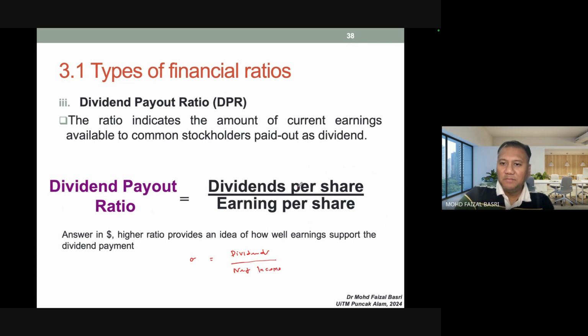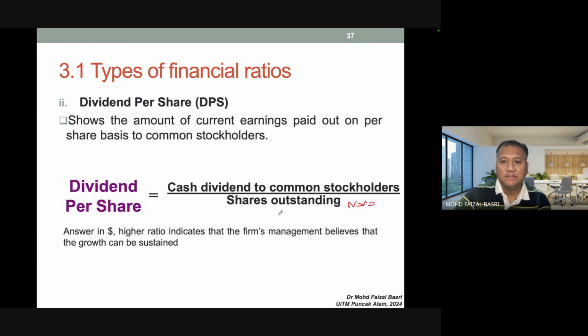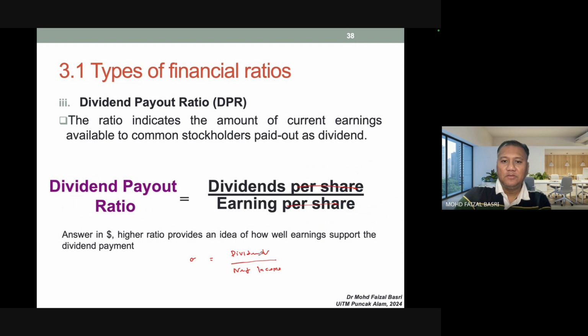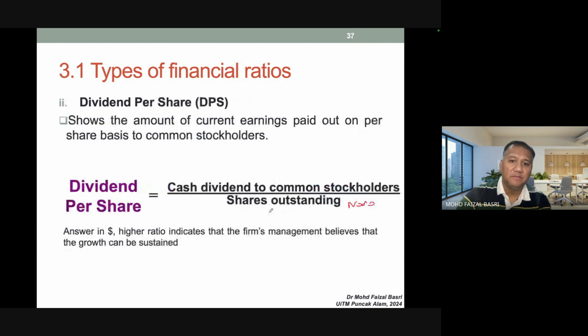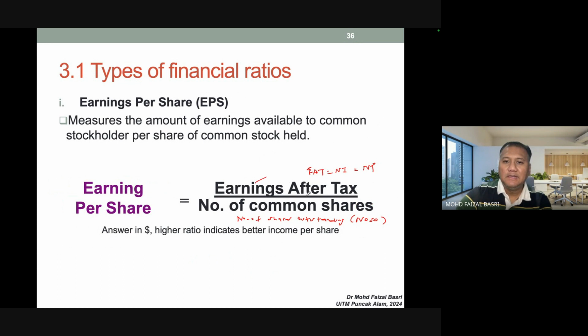Okay, sebab kalau you buang per share ni, so is dividend bagi earning kan? Dividend bagi earning is dividend bagi dengan net income. So if you don't have DPS and EPS, you guna je lah dividend berapa thousands or millions of dividend payment, which is this one, cash dividend ni, bahagi dengan earning after tax.